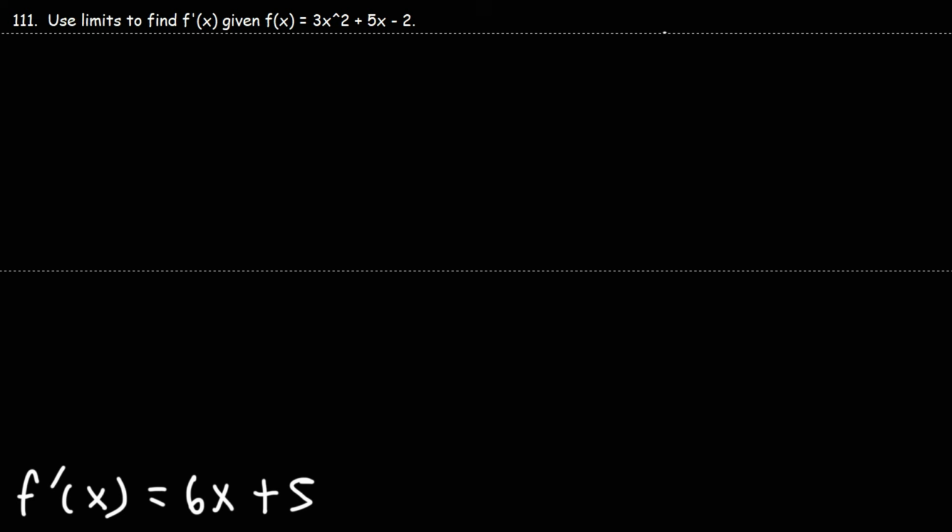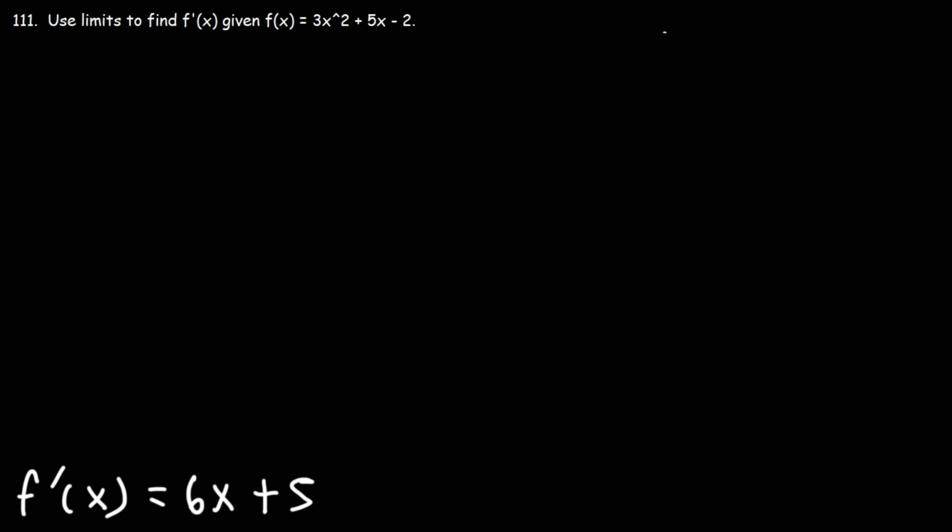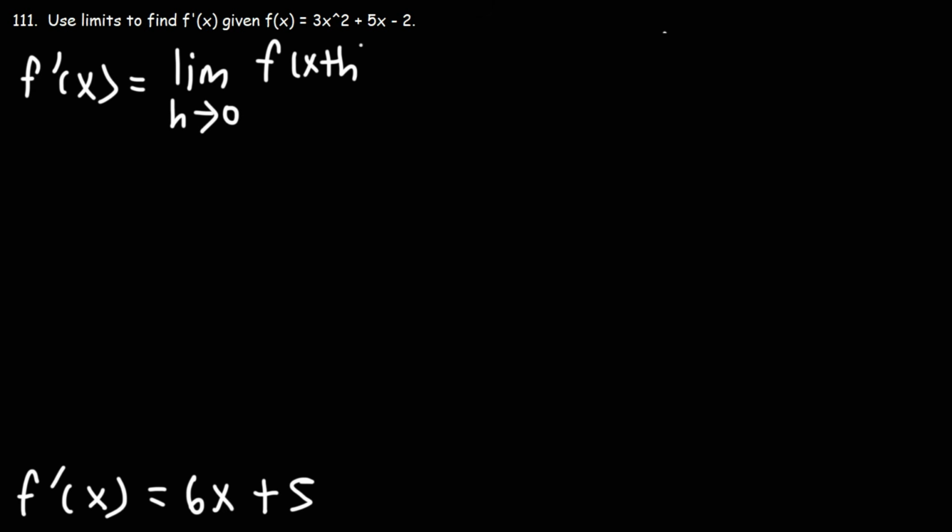Now let's use limits to get that answer. So the derivative of f as a function is going to equal the limit as h approaches 0 of f of x plus h minus f of x over h. So to find f of x plus h, we're going to replace x with x plus h.